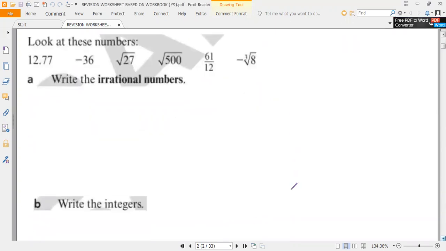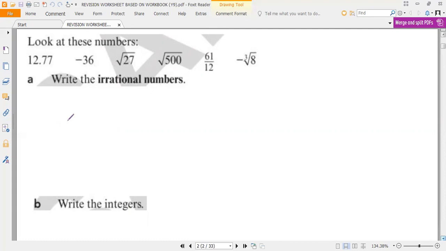So to begin with, the first question is asking only for irrational numbers, and question B is asking for integers, not specifically rational numbers. Irrational numbers and integers, okay, only these two particular things. The first one, 12.77, is actually a terminating decimal, a short decimal like this.